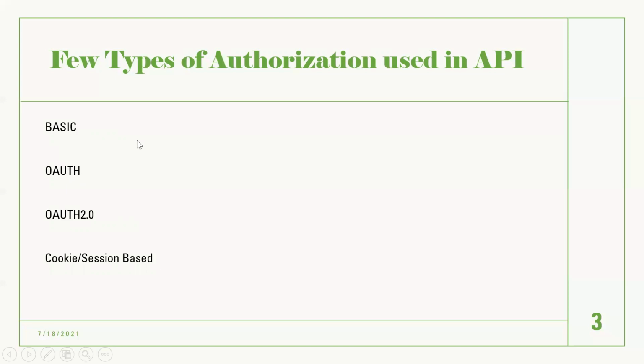OAuth 2.0 is, for example, if you log into some Make My Trip, just assume, it will ask you, log in with Facebook or log in with Gmail, right? Then you go to that, log in with Google. Then you don't have to enter anything explicitly there, right? That is OAuth 2.0. Session and cookie based is where it will generate one token or some cookie, that is called session or cookie based authorization.